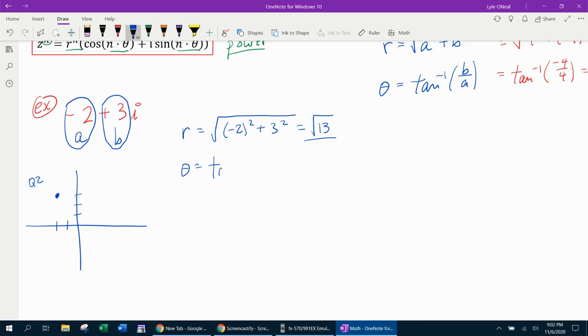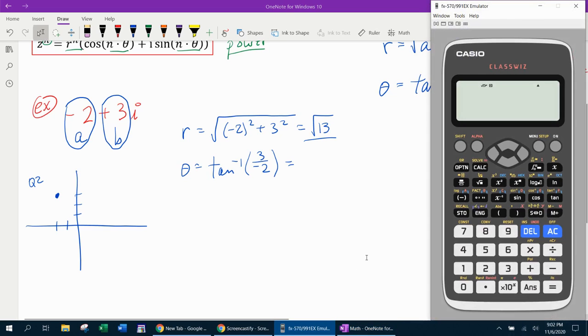Theta, my angle, is the inverse tangent of 3 over -2. And I'm going to have to go to the calculator for that. So, pulling up the calculator, what do I want the answer to be? Radians or degrees? Let's go with degrees this time. Does it specify? It doesn't specify in the instructions. We're going to go with degrees this time.